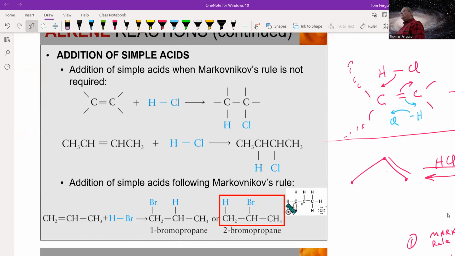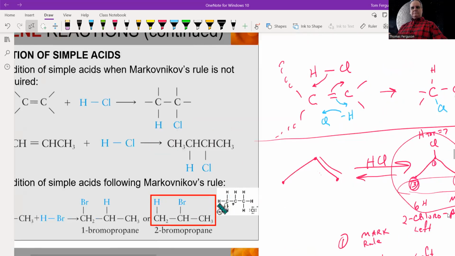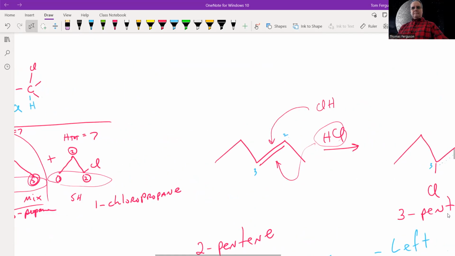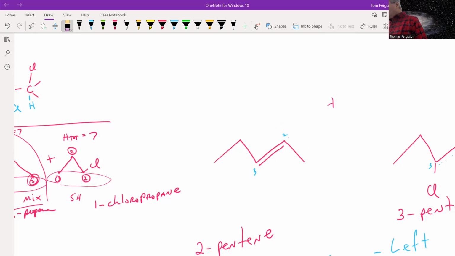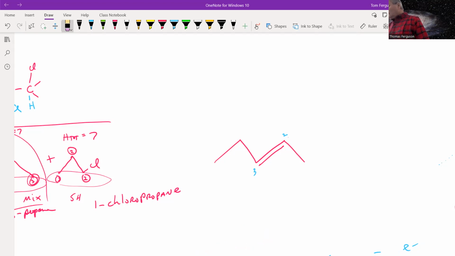Okay, so let's now add an acid across a double bond, like hydrochloric acid, HCl. So what is this thing here?